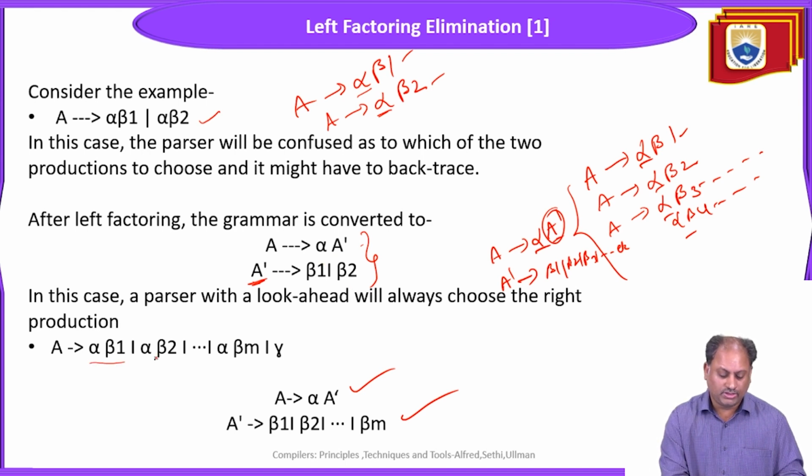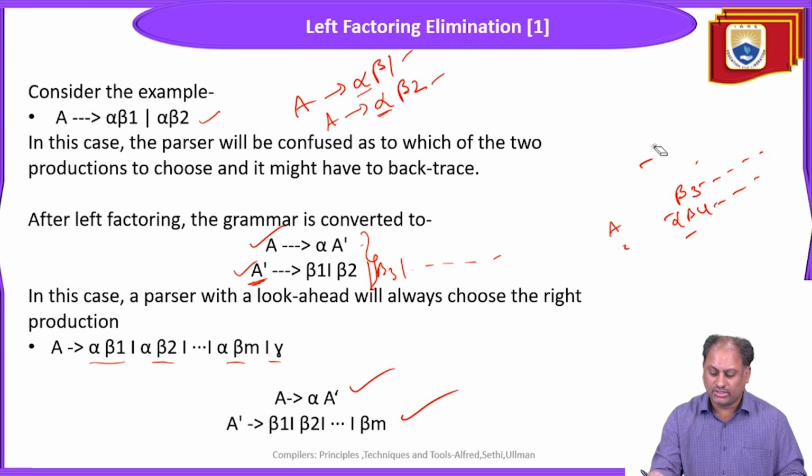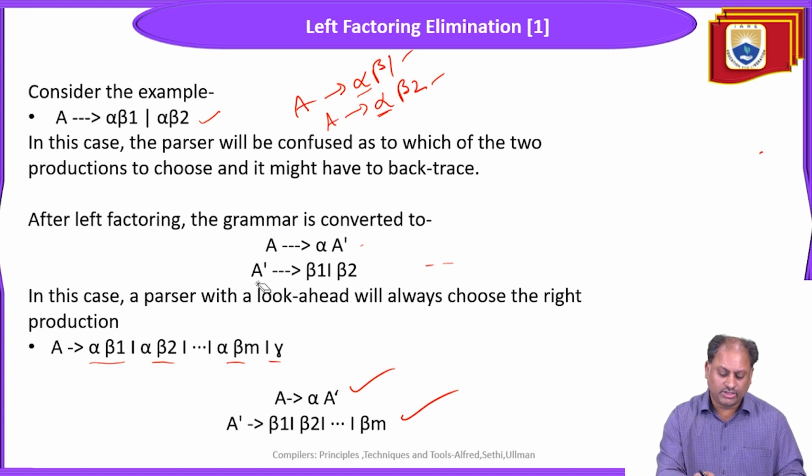If the number of terms increases, with the right hand side of the non-terminal repeatedly occurring several times, then we apply the same factor in the first case, whereas in the second case we apply it with beta 3, beta 4, etc. In this way we can eliminate left recursion and get a grammar free from it, so that we can move ahead with the construction of the parse table.